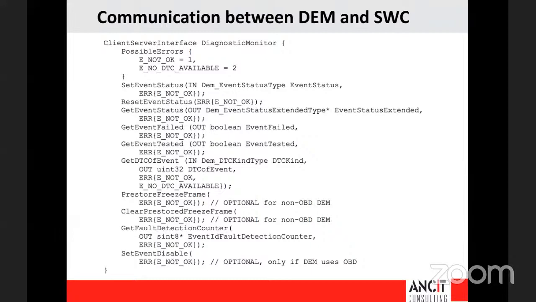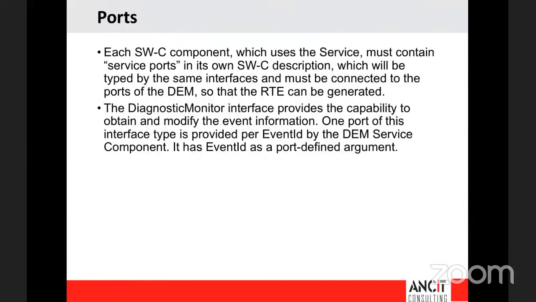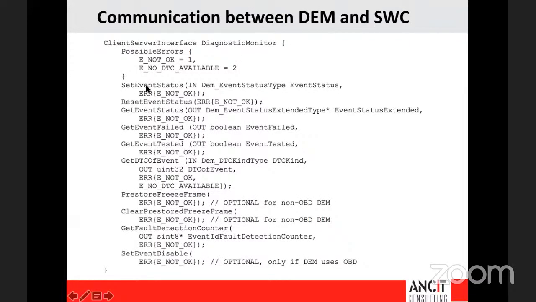This is a kind of pseudocode that exists between the DEM and the software component, for the use case that we have discussed. Like I said, we have a client server interface and this diagnostic monitor, which is configured for this particular event. We will limit this discussion only to this event.